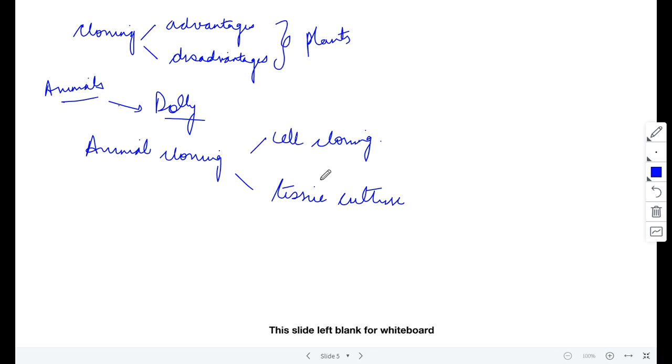Okay. Yeah, and the plants will improve, in the sense that the desirable characteristics you can get. Yes, okay. And is this technique cheap or expensive?